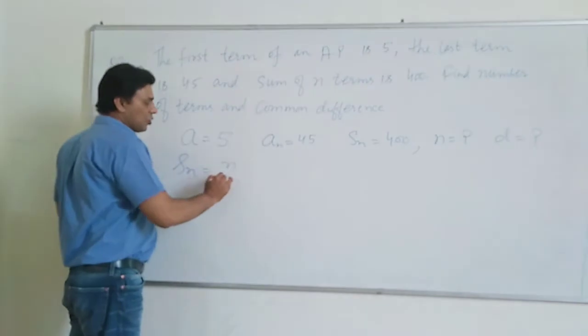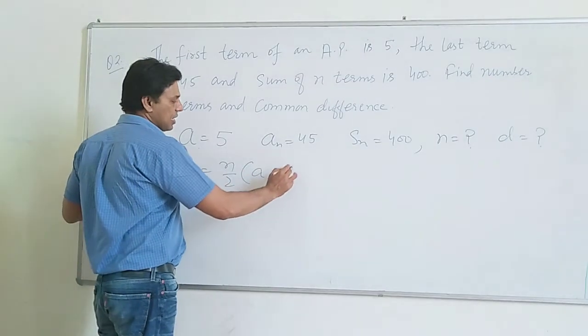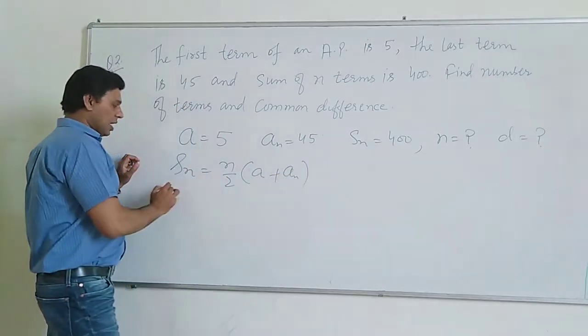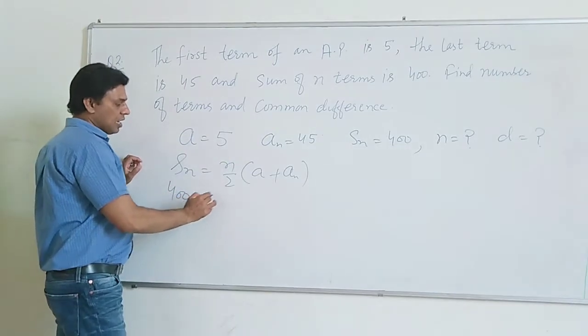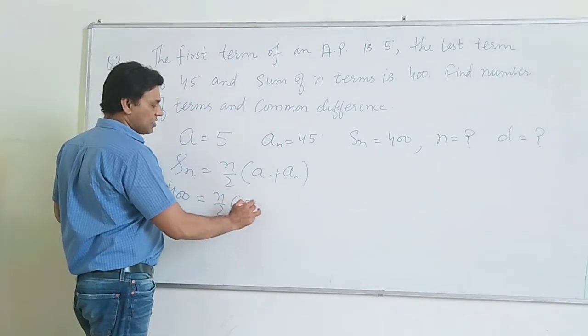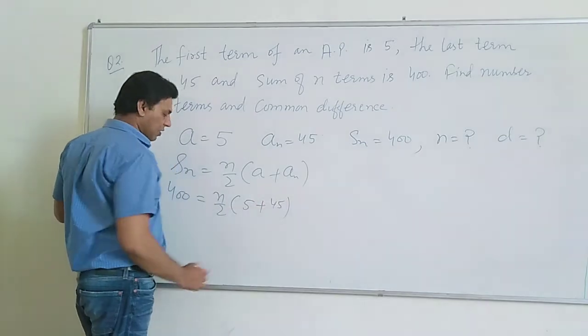Formula Sn is equal to n by 2 into a plus an. So Sn is 400, a is 5 and an is 45.